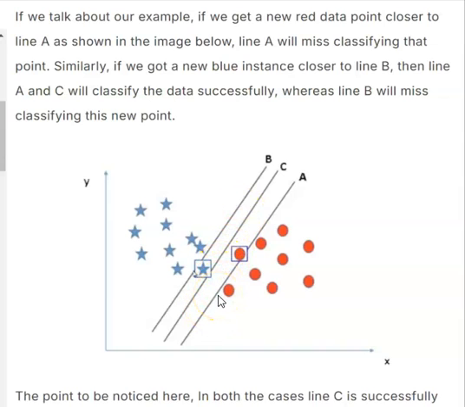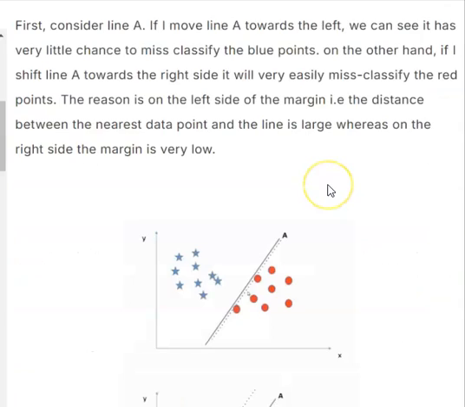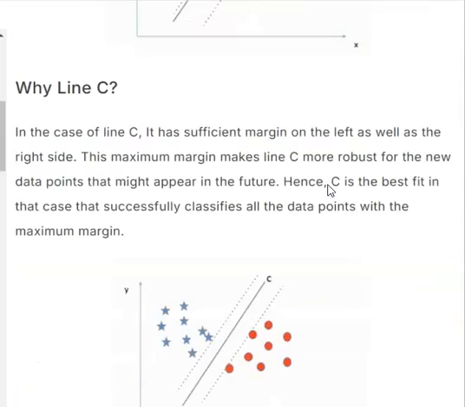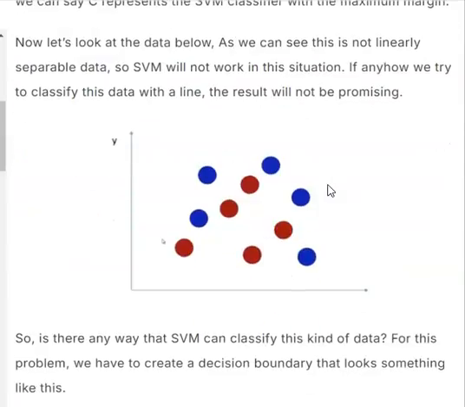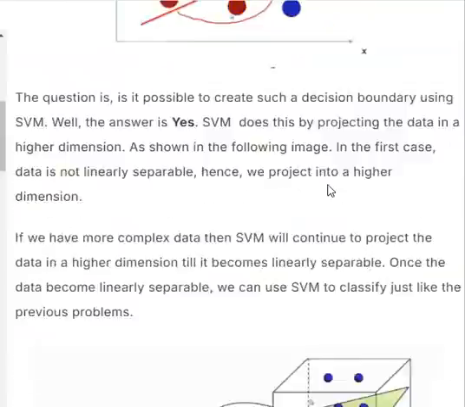This gap is called the margin. So if the apples are on one side and oranges are on the other, SVM will find the line that gives the most room without getting too close to both groups. So that's why not line A, not line B, line C is better. This is what we could see.